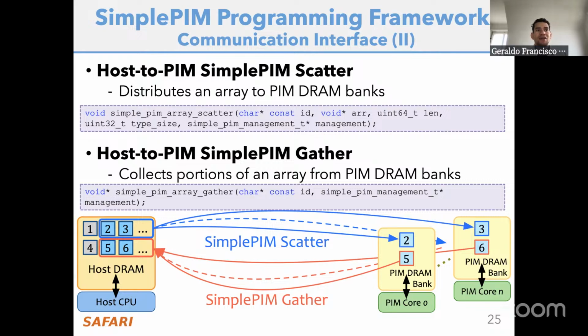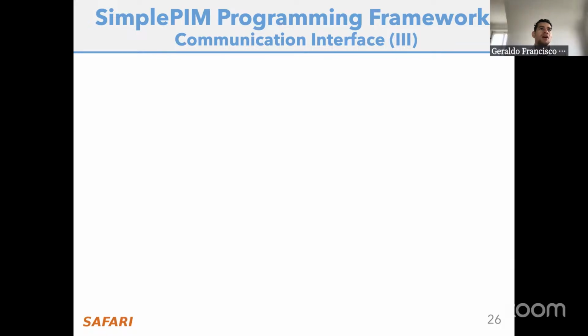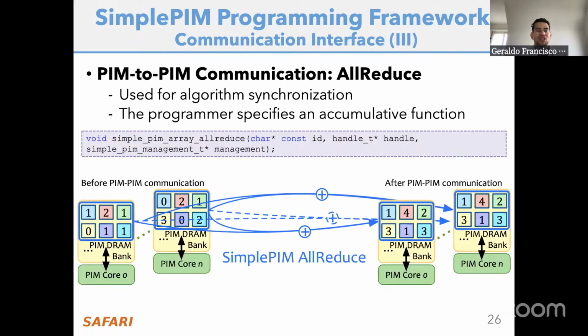Then we also have gather, which is the inverse API of scatter, which basically collects data from the different DRAM banks across the different PIM chips and combines them in the host main memory. Then we have PIM-to-PIM communication primitives.